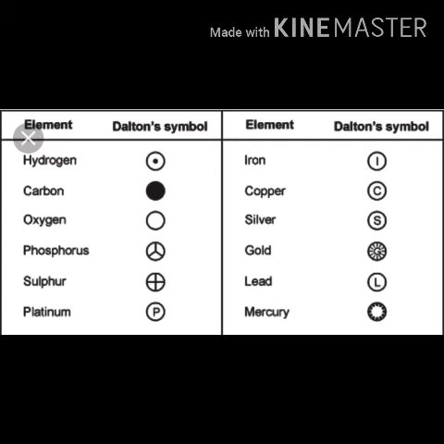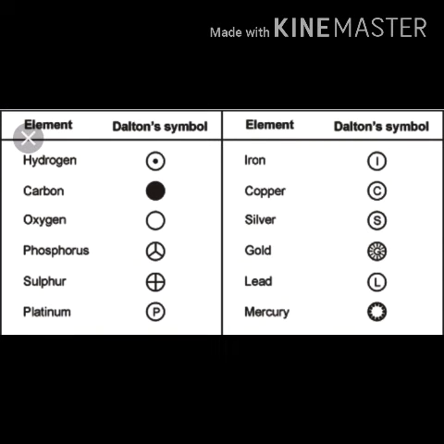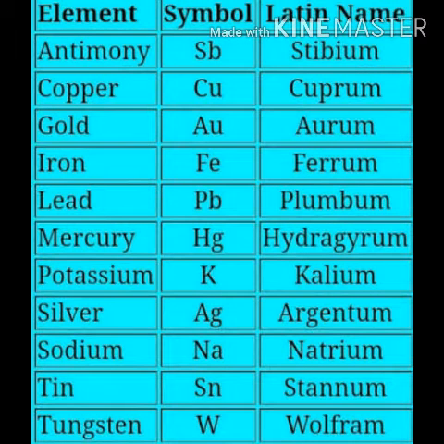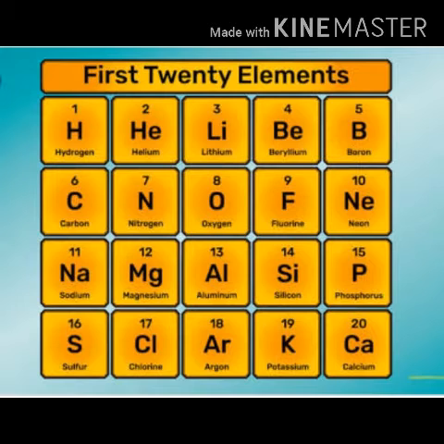So every element has its own unique properties. Nearly 118 elements have been discovered. Of these, 98 elements are found naturally on Earth, and the remaining 20 elements have been prepared artificially by scientists in laboratories. Now the characteristics of elements: elements are pure substances that consist of only one kind of atom.